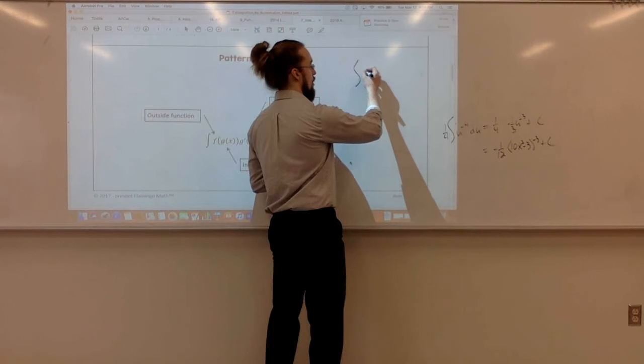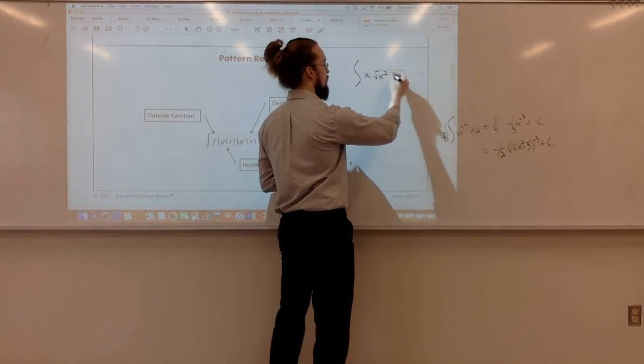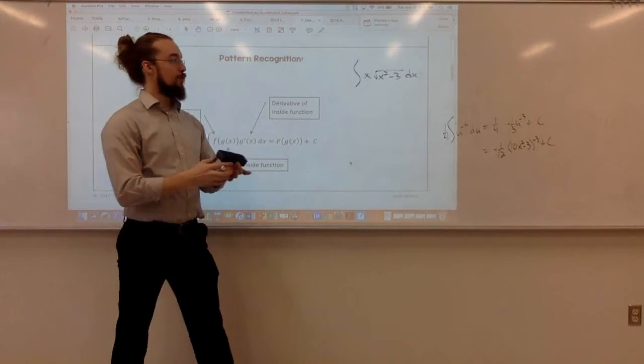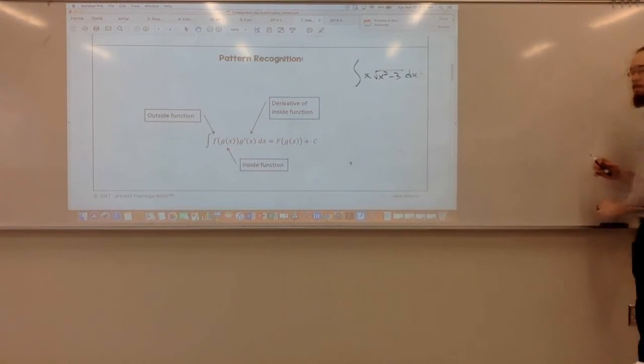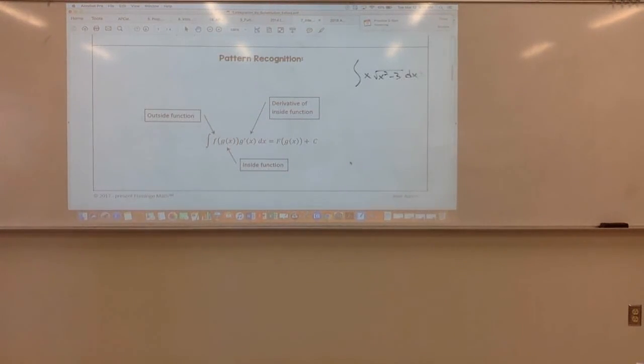About x times the square root of x squared minus 3 dx. How would I approach something like this? Yeah, just rewrite it as the 1/2 power.